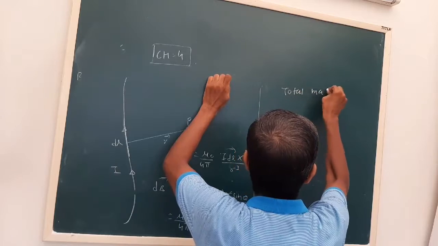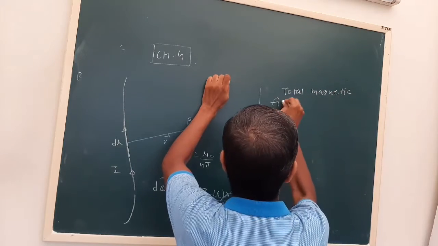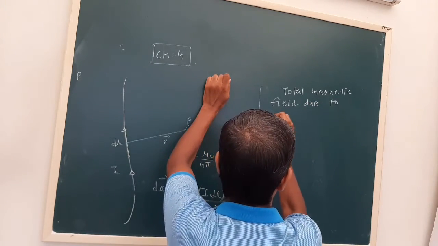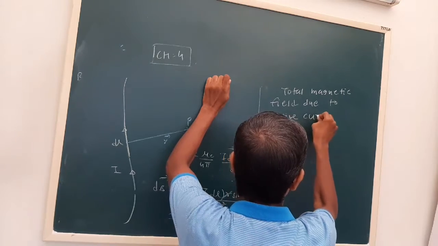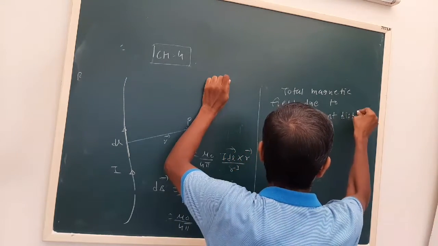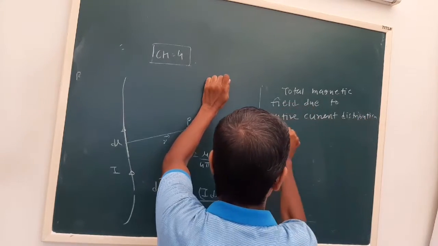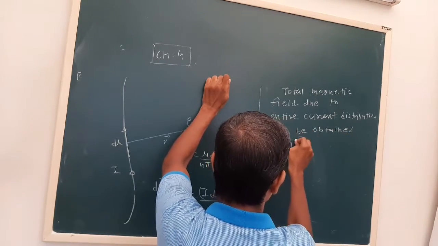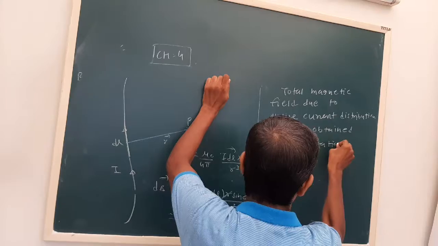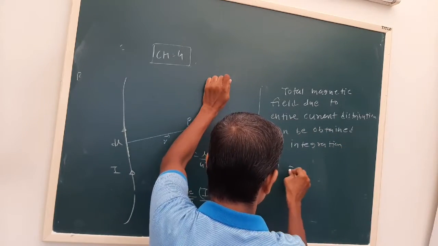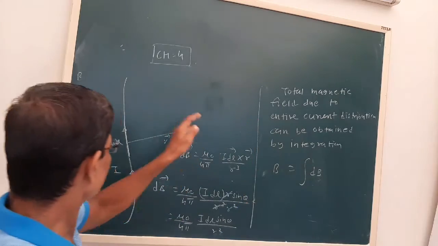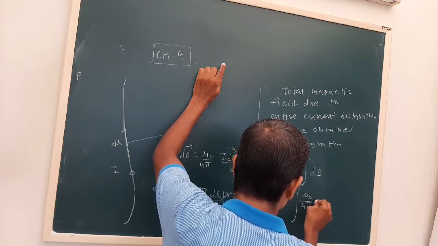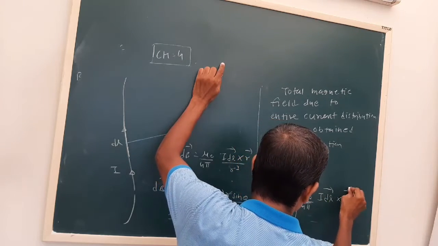The total magnetic field due to the current distribution can be obtained by integration. So we can write B is the integration of dB, that is because of the total current distribution, mu 0 upon 4 pi IdL cross R upon R cube.